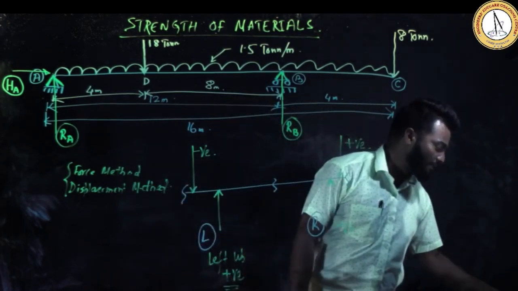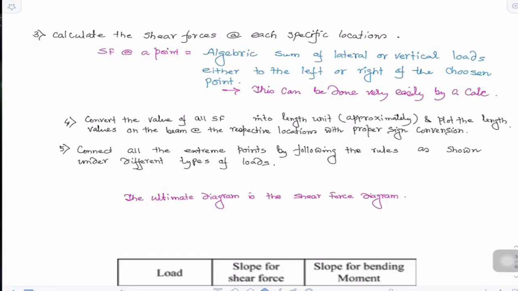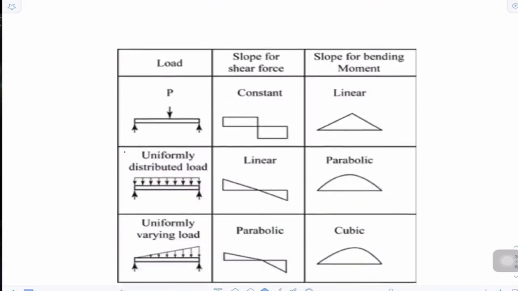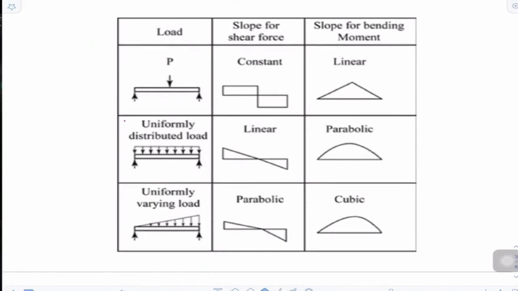Step number 5. Look at the screen. Connect all the extreme points by the following rules as shown under different loading type condition. Now what is the rule you need to follow to connect the shear forces at the different locations? If you have a point load, then the slope for shear force diagram is constant.